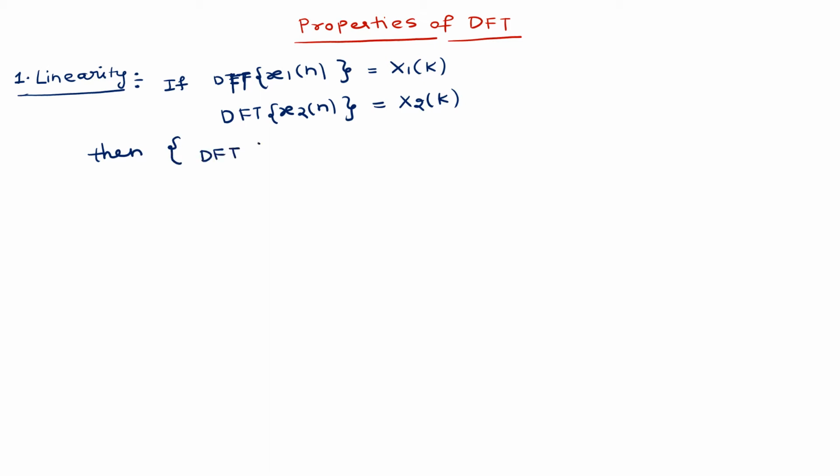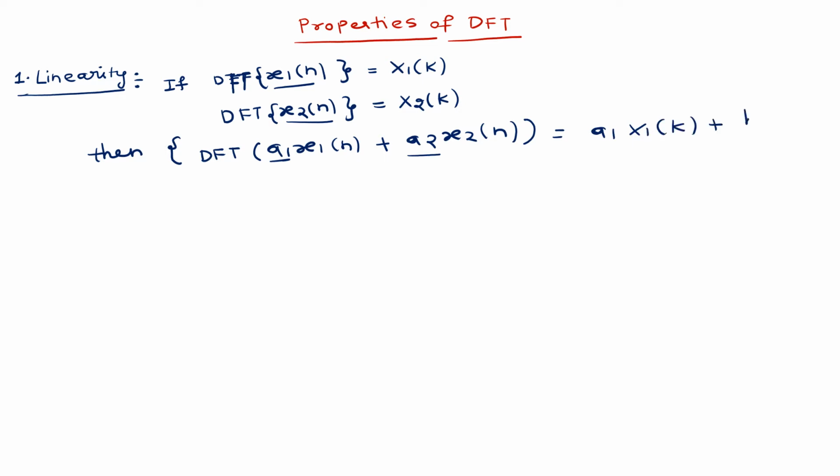DFT of a1 x1 of n plus a2 x2 of n, that means the inside signals are multiplied with particular factors a1 and a2, and we are taking the DFT of both signals. So this must be equal to a1 X1 of k plus a2 X2 of k.